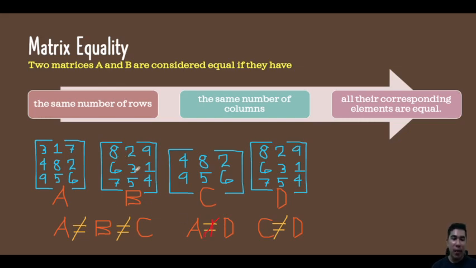And the only ones that are equal are matrices B and C. So meaning to say B and C both met the conditions above: same number of rows, same number of columns, and they all have equal elements. So B is equal to C.